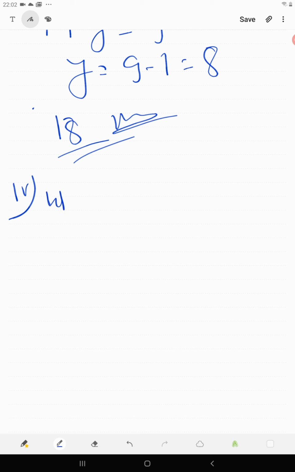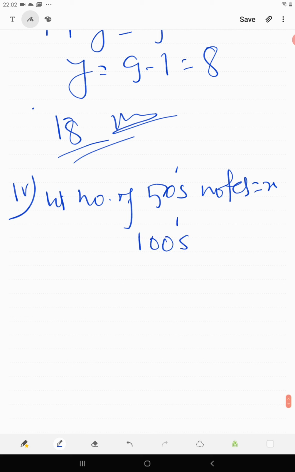So here the number of notes is the main thing. Let the number of 50 notes be x and the number of 100 notes be y. I am talking about the number. The first thing given is the total number of notes.